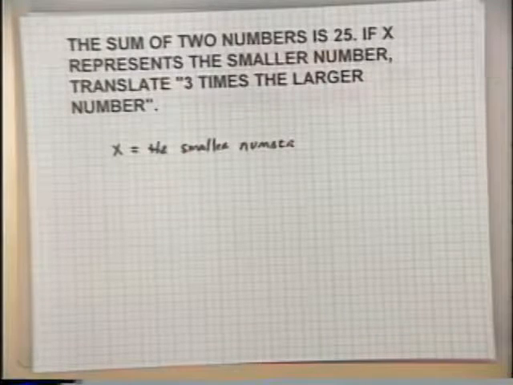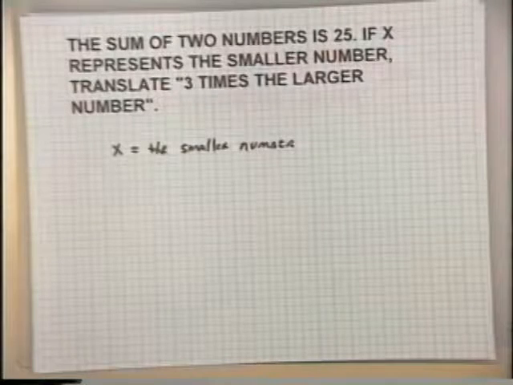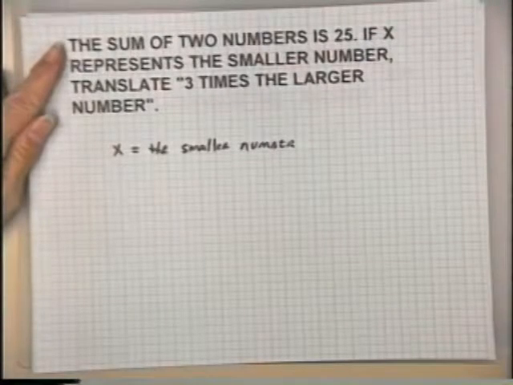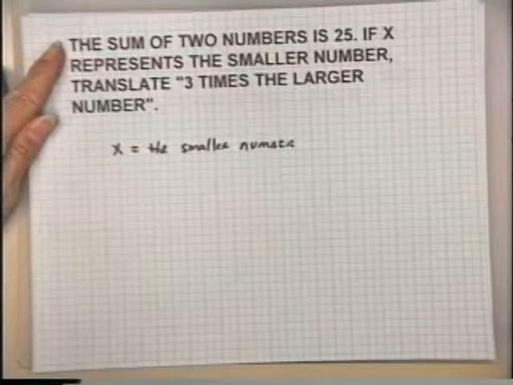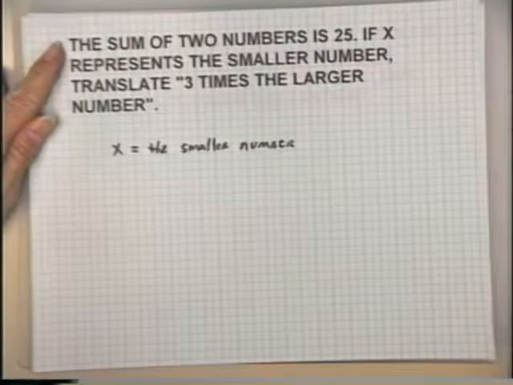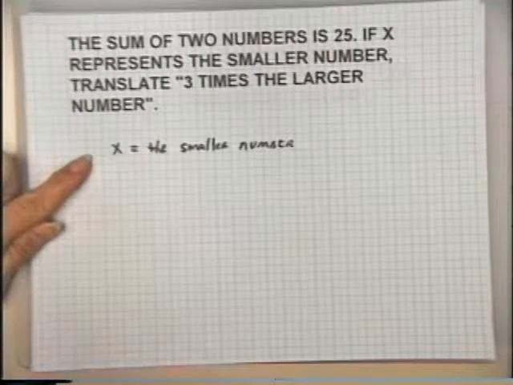If you knew, for instance, that one of those numbers was 5, wouldn't you say that the other number is 20? And you would get that by subtracting 5 from 25. So the idea here is that if you know one of these numbers, you would subtract that number from 25 to find the other number. We are letting x represent one of those numbers.